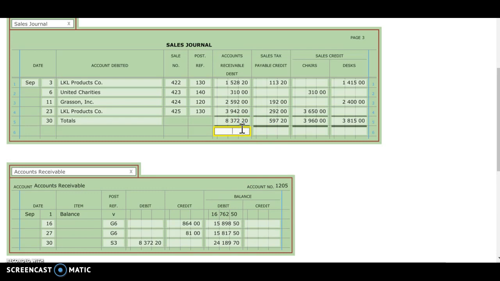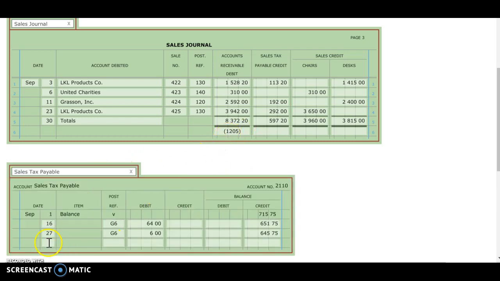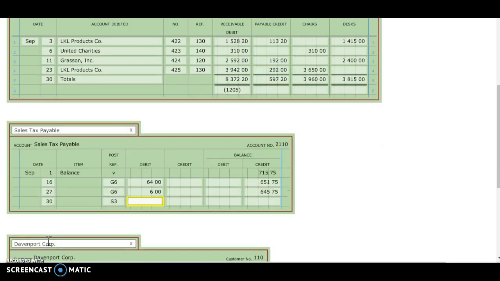Now, I think when we were having issues before, if we put the parentheses in, that will help with those issues. We'll see. Okay, so next one is our sales tax payable. 30th. Sales journal page 3.